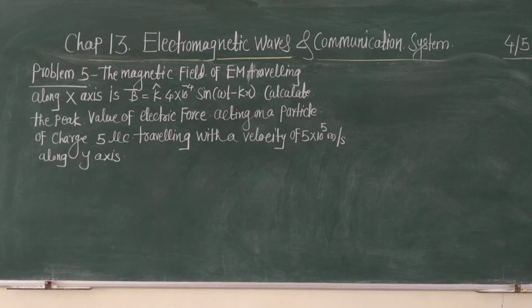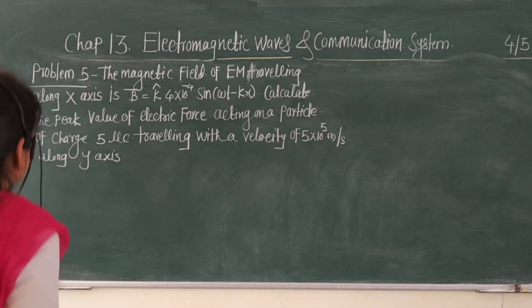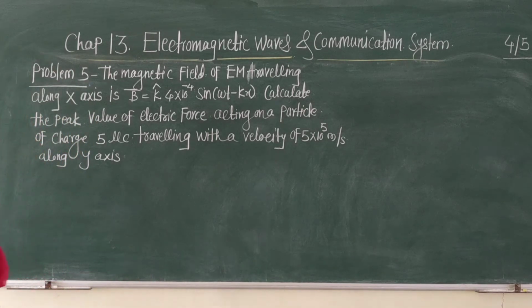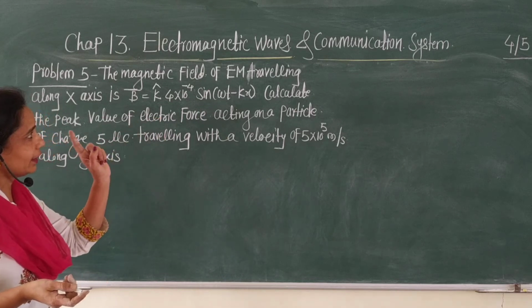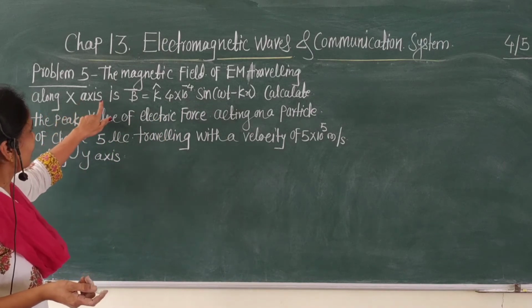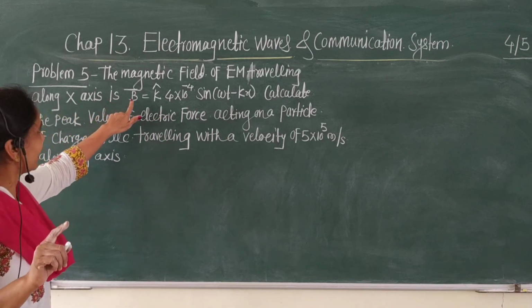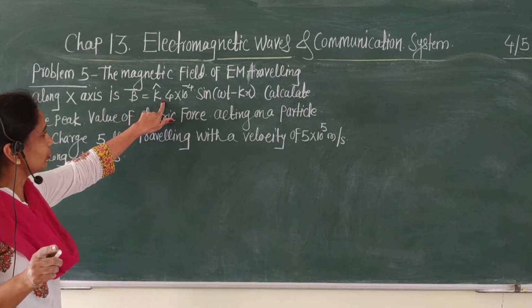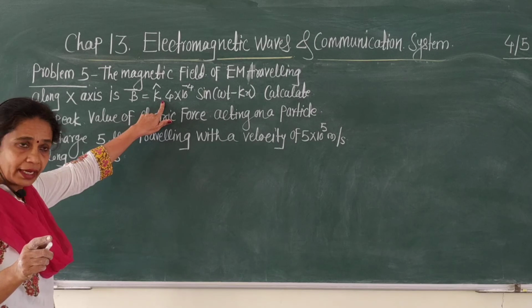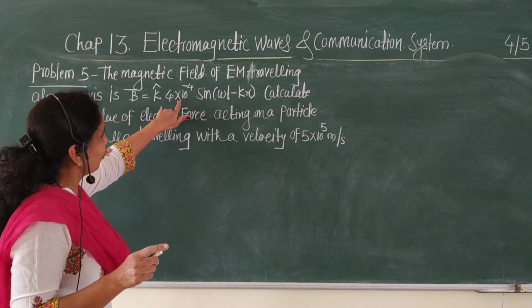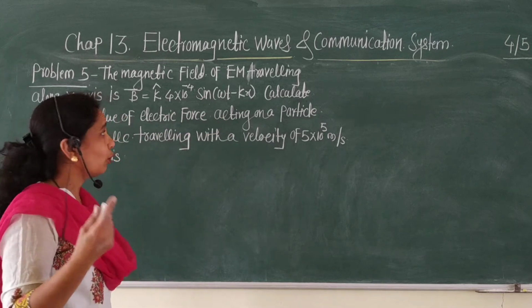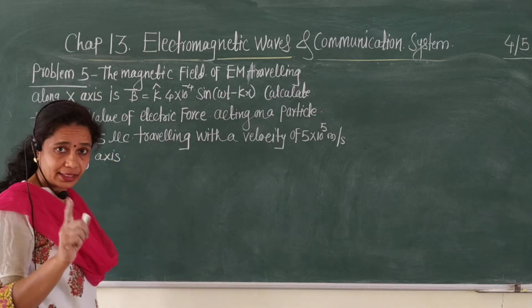Next problem is: the magnetic field of an electromagnetic wave traveling along the x-axis is B vector equal to k vector into 4 into 10 raised to minus 4 sin of (ωt − kx).